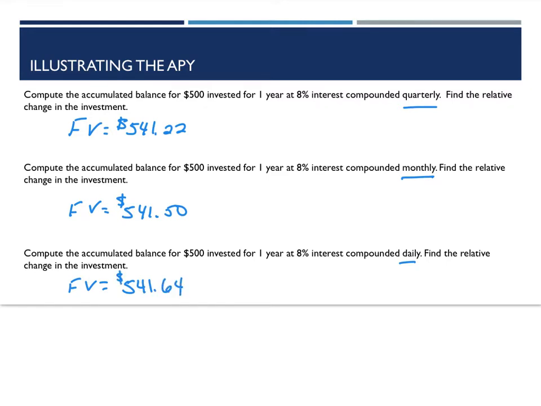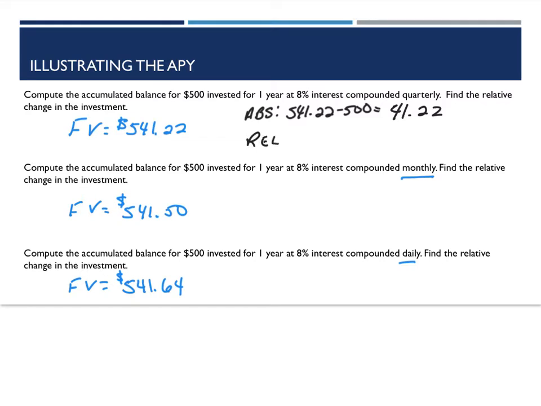Now we want to find the relative change. So first we have to find the absolute change for each one of these. The absolute change, so 41.22.